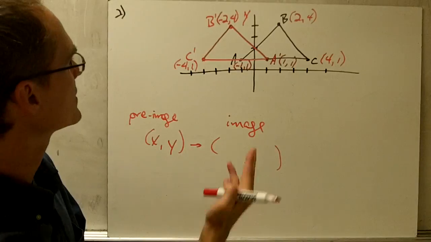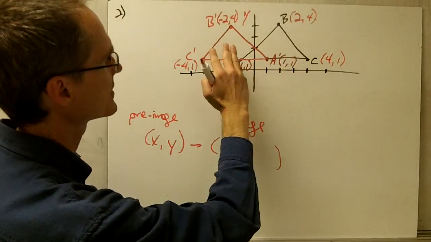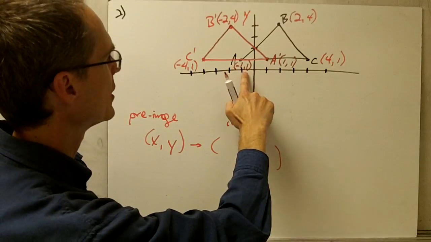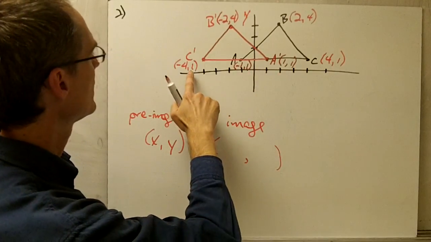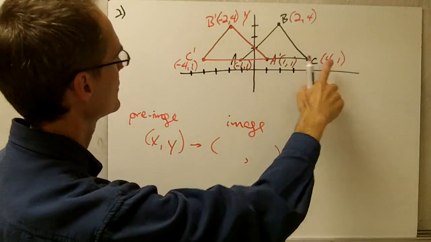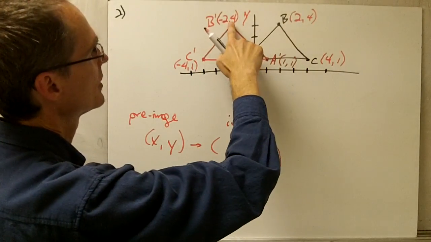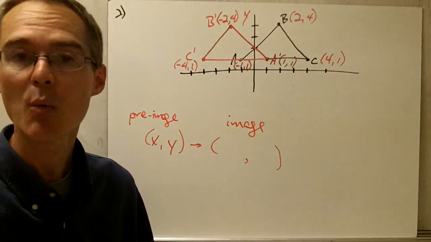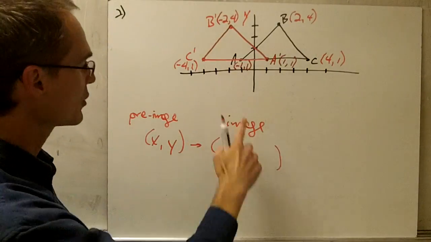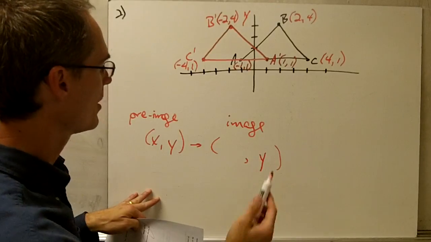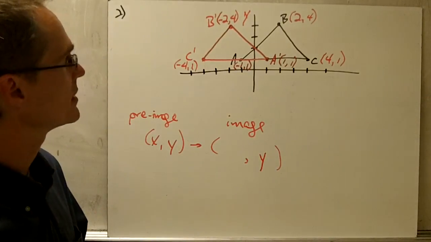Well, since I'm reflecting over the y-axis, my y coordinates all stay the same. C, there's my y coordinate, C prime, same y coordinate. B, the y coordinate, B prime, the same y coordinate. So my y coordinates for my image are exactly the same as the y coordinates for my pre-image. That one's easy.